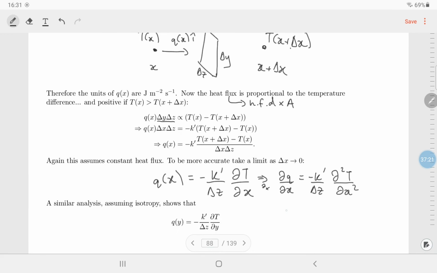And similar story, this is minus K dashed over delta Z times the second derivative of temperature with respect to Y.